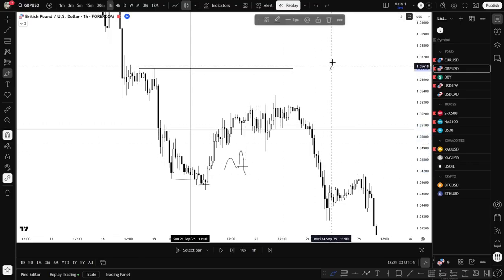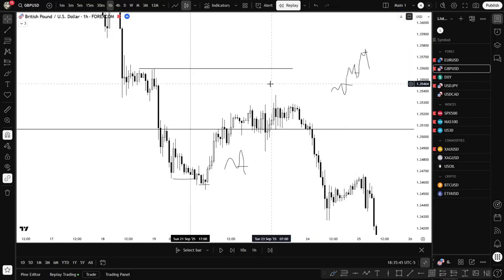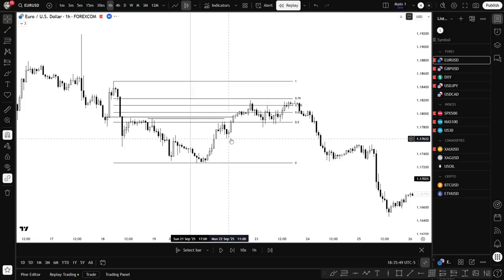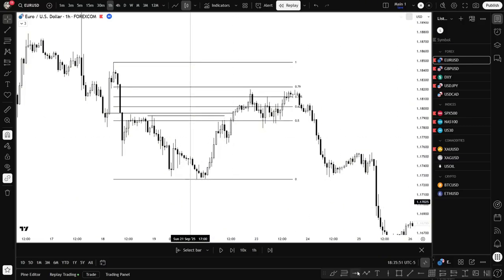Sorry, I'm going to draw it here. So we already flipped the high. Now we need a low to be purged, and we need an expansion, we need the exit. It's the entry to exit. Now if you go to EU, we have the same thing: SMT here, flip of the high. Now we have the liquidity pool, right?